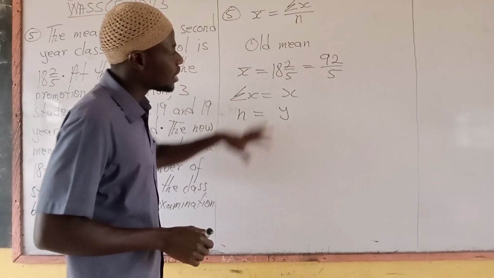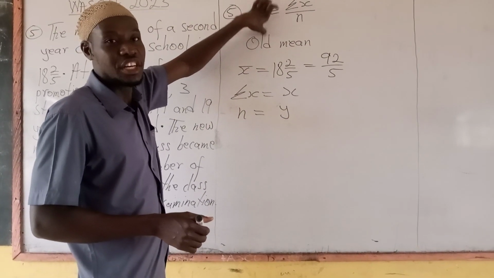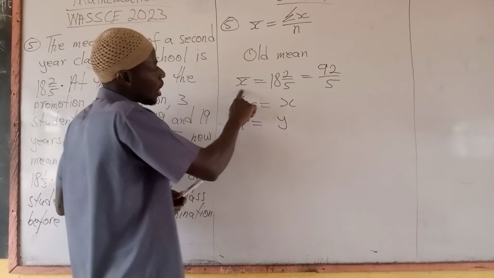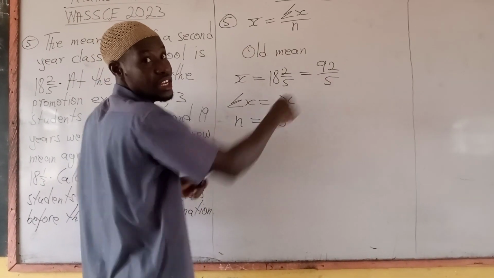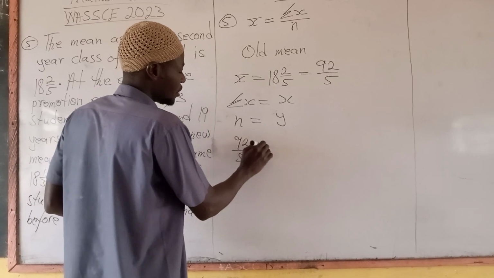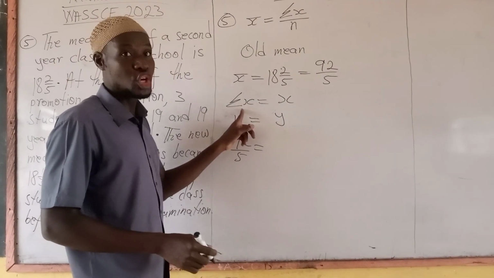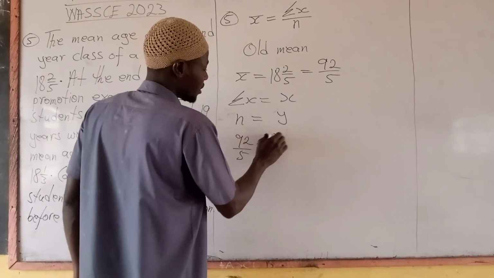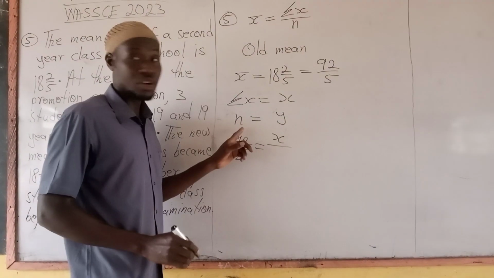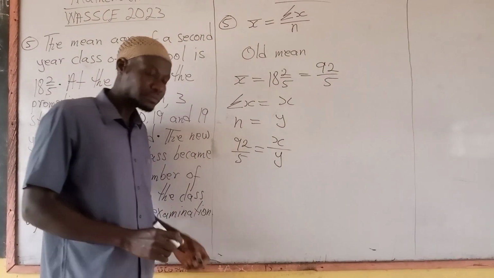If we substitute this into the formula for finding the mean, our x bar will become 92 divided by 5 is equal to the sum of the ages, x, divided by the number of students under consideration, which is y.